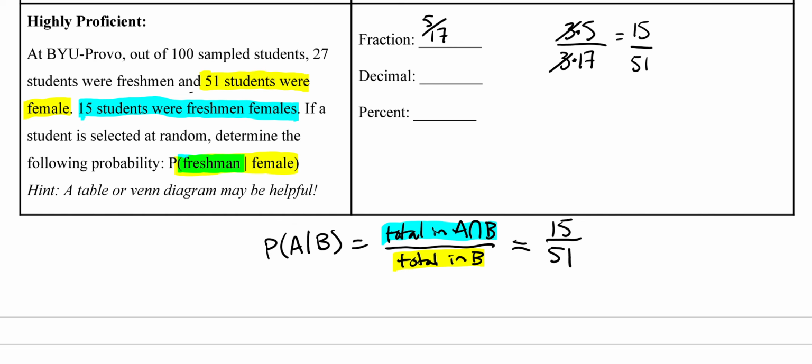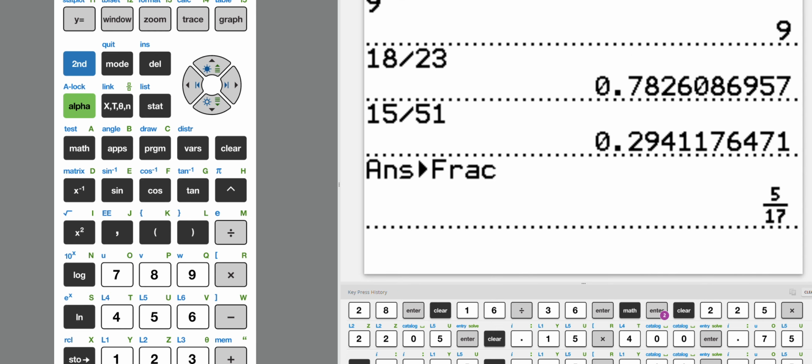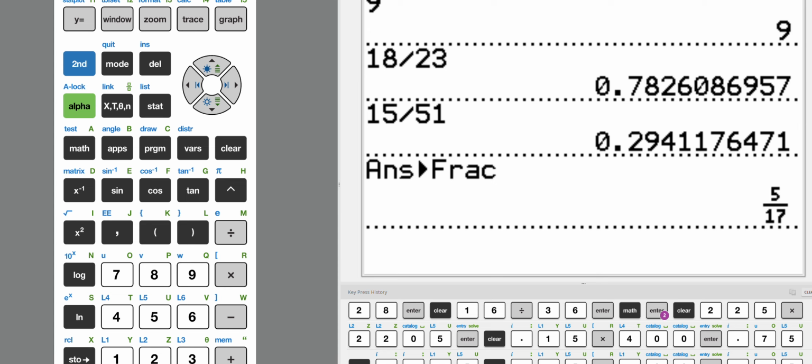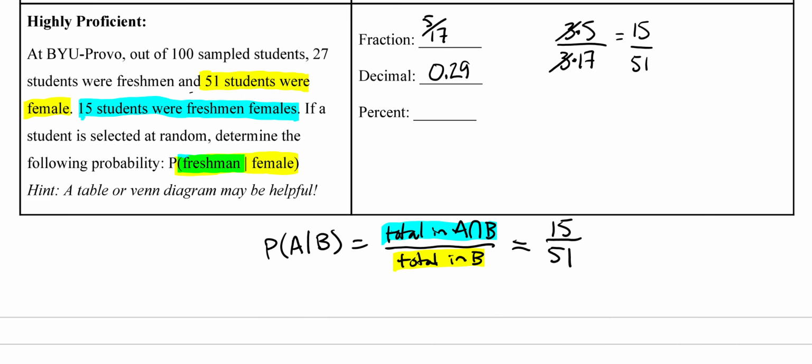And the decimal is 0.29, and as a percent, that's 29.41%. And that's how we do this.